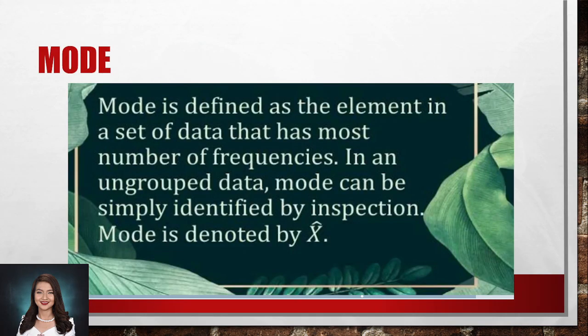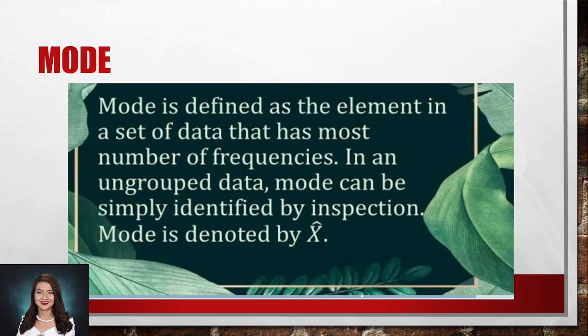Next is mode. Mode is defined as the element in a set of data that has the most number of frequencies. In an ungrouped data, mode can be simply identified by inspection. Mode is denoted by this symbol. The mode or the modal score is a score that occurred most in the distribution. It is classified as unimodal, bimodal, trimodal, and multimodal.